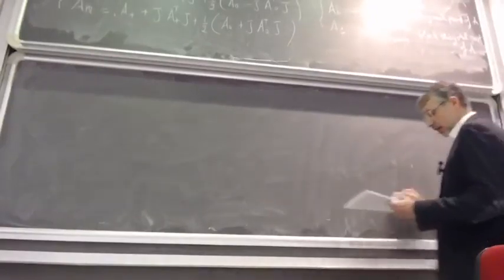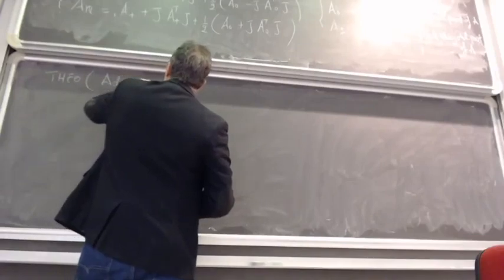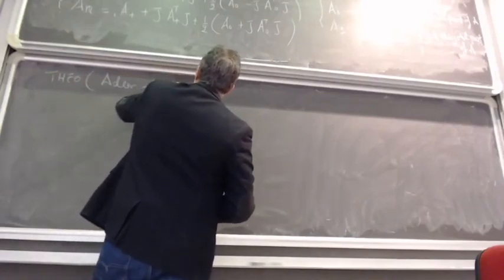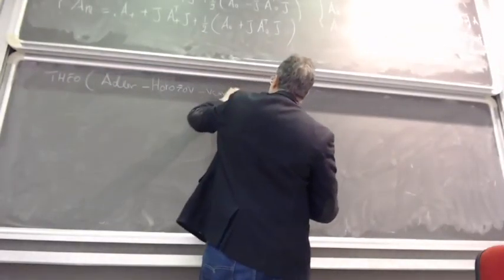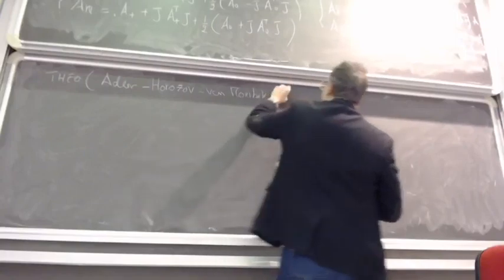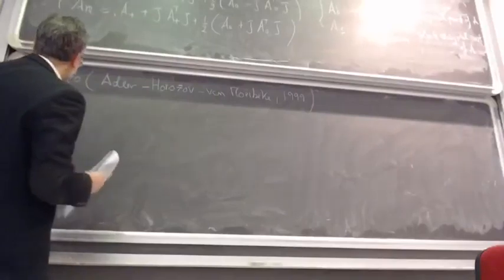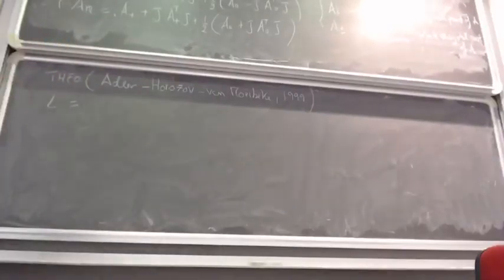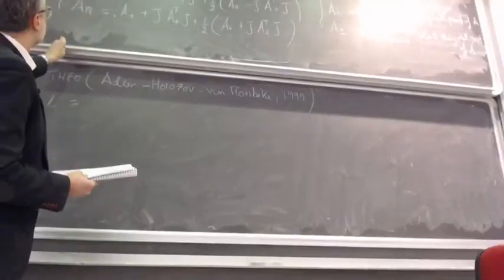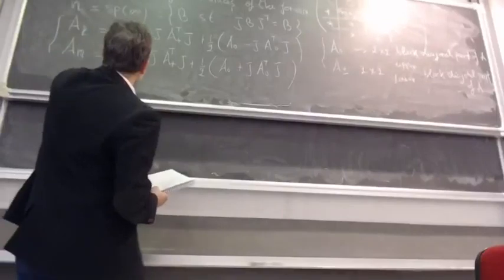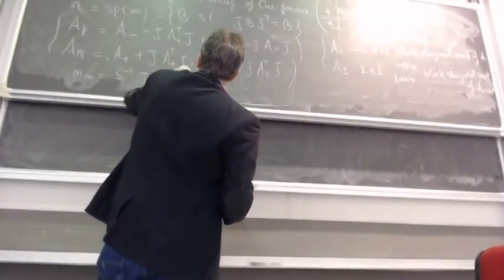So what is the theorem, which is the analog? This is Adler, Rozov, van Moerbeke, 1999. If you define L, let me remind you here, M infinity is S minus J S minus transposed.